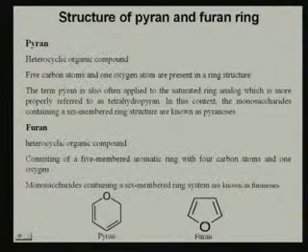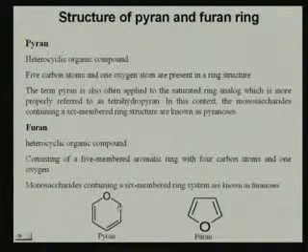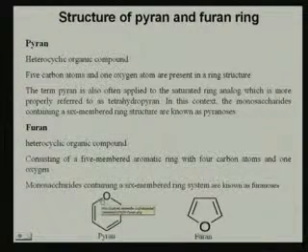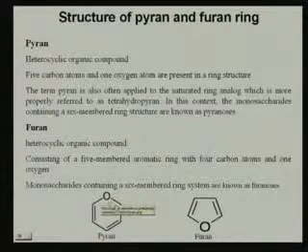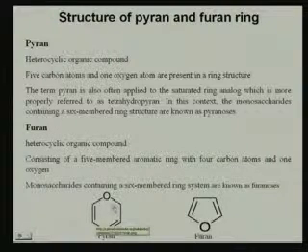Here, this is the pyran structure, and if we see the carbons 1, 2, 3, 4, 5 and 6, the 5th carbon is getting joined in this particular pyran ring. That means in this ring 5 carbons are present.